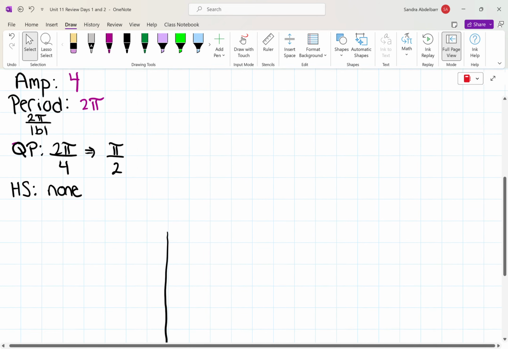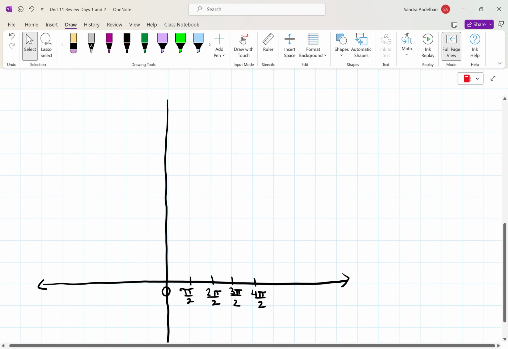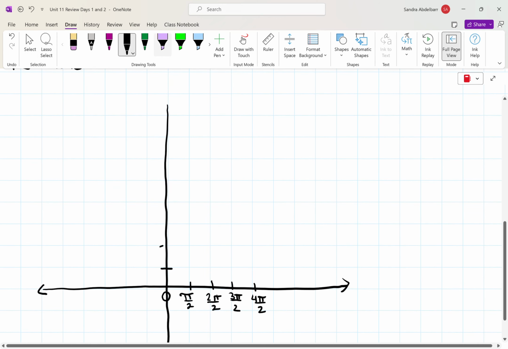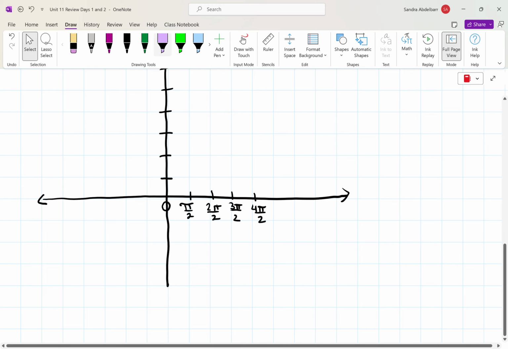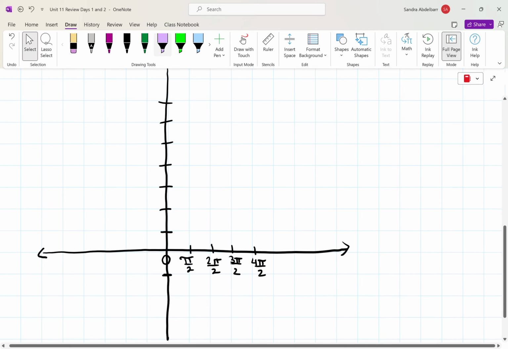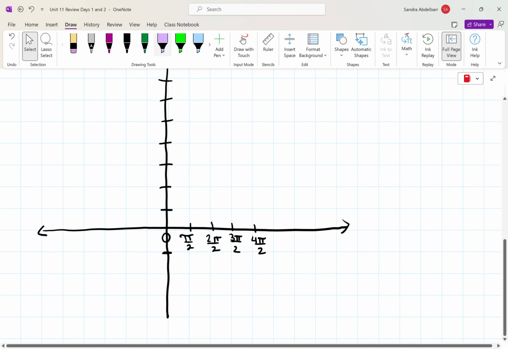And then our y-coordinates go from 3 all the way to 7. So we're 1, 2, 3, 4, 5, 6, 7, going positive, and negative, we just go down to -1. So now we plot. So our first point will be 0, 3.